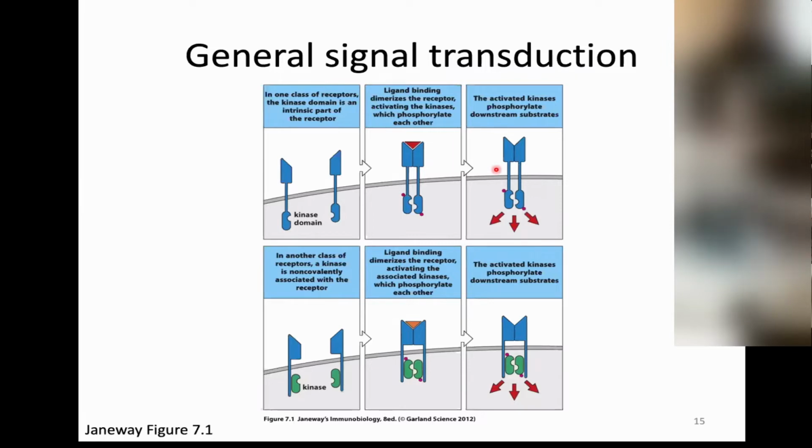Very often when we have receptors on the surface of the cell, they have two chains. That's actually true of the IL-7 receptor. It's true of many receptors. You can think of those two chains as two transmembrane proteins that are diffusing around in the cell membrane.